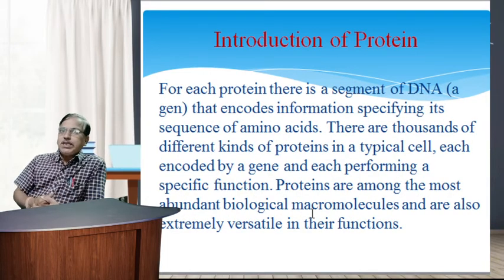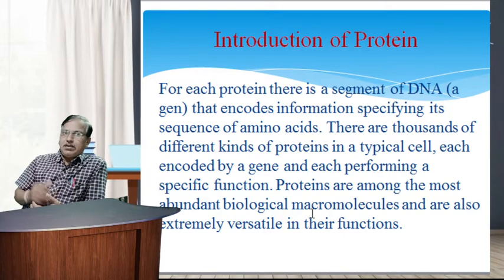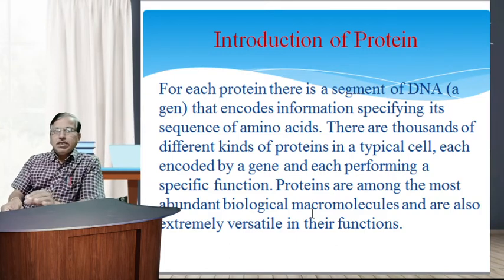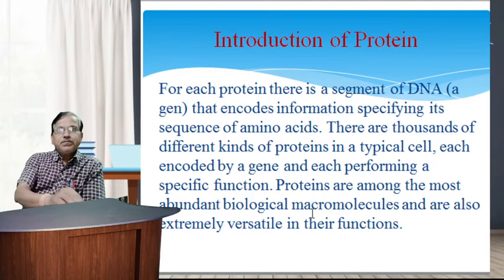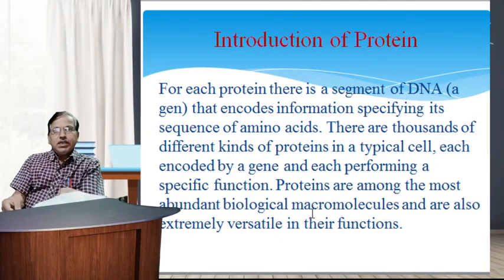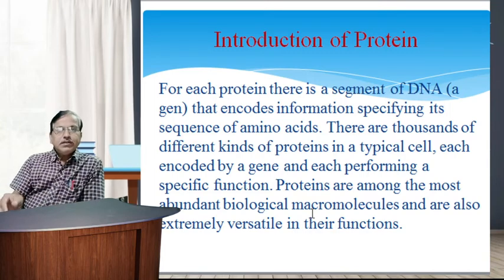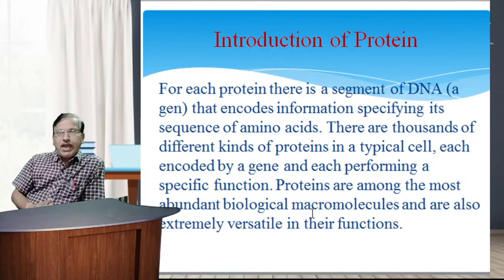For each protein, there is a segment of DNA, a gene, that encodes information specifying its sequence of amino acids. There are thousands of different kinds of proteins in a typical cell, each encoded by a gene and each performing a specific function.